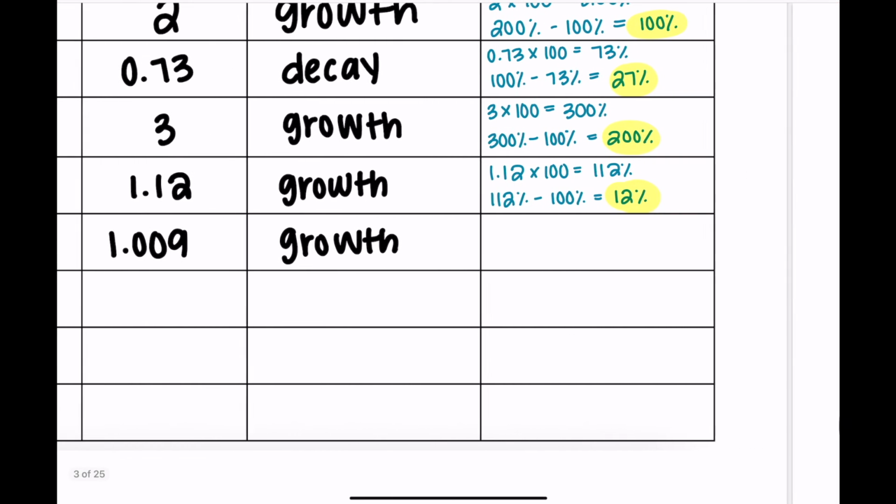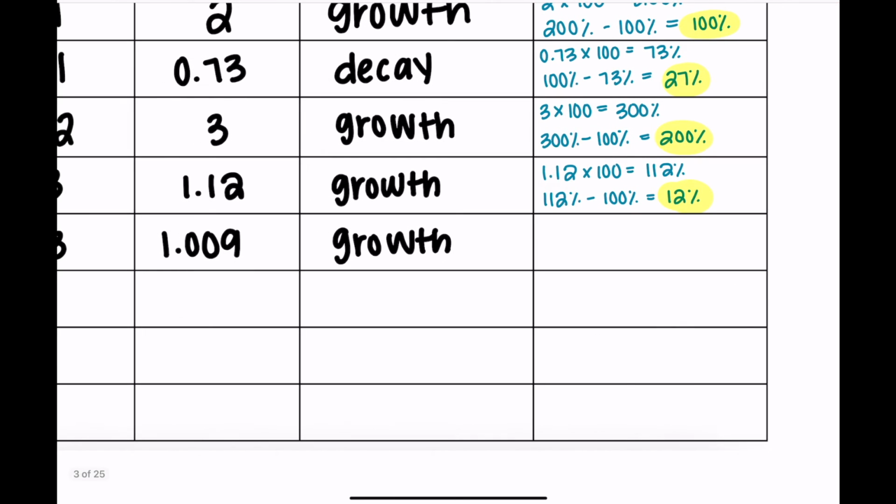Okay, now pay close attention to this one because the decimals in this one are a little bit different than any that we've done so far. So we're still going to take our base and multiply it by 100. Now this time we're going to get 100.9%. Okay, so 100.9% is still a little bit greater than 100%.